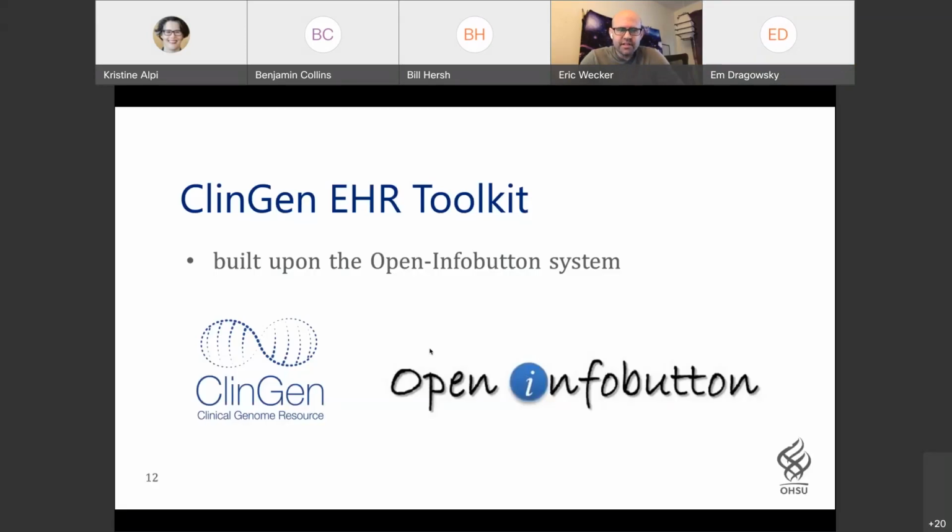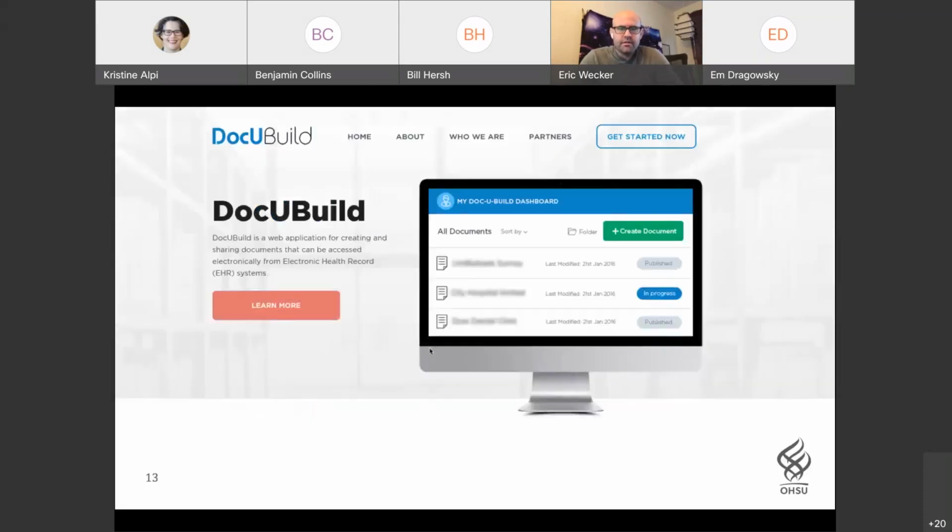The first one is the ClinGen EHR Toolkit. It's built upon the open Infobutton system. You can look up genes in here and such. There's DocuBuild, which is a web app, and you can basically create and share content inside EHRs, and that's customizable in that way.